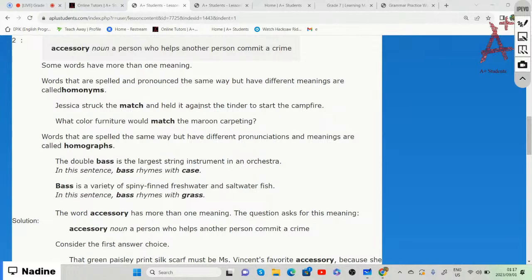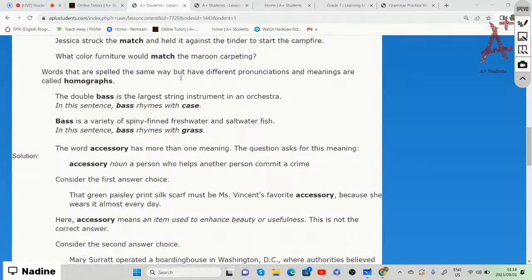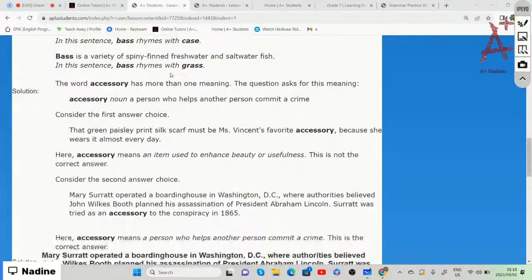So even though the words are spelled the same and sound the same, they will still have different meanings. In this case, the word accessory has more than one meaning, right? So the question asked for this meaning, accessory, which is a noun, a person who helps another person to commit a crime.